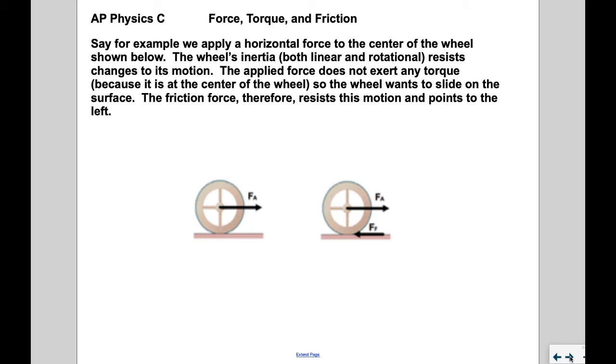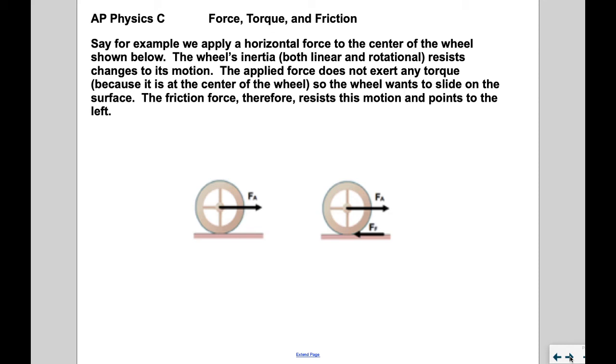The wheel's inertia, its mass and its rotational inertia, resist changes to its motion. So what we're going to need here is a force equation for the wheel and a torque equation for the wheel. The applied force, because it's applied at the rotation axis, does not exert any torque.